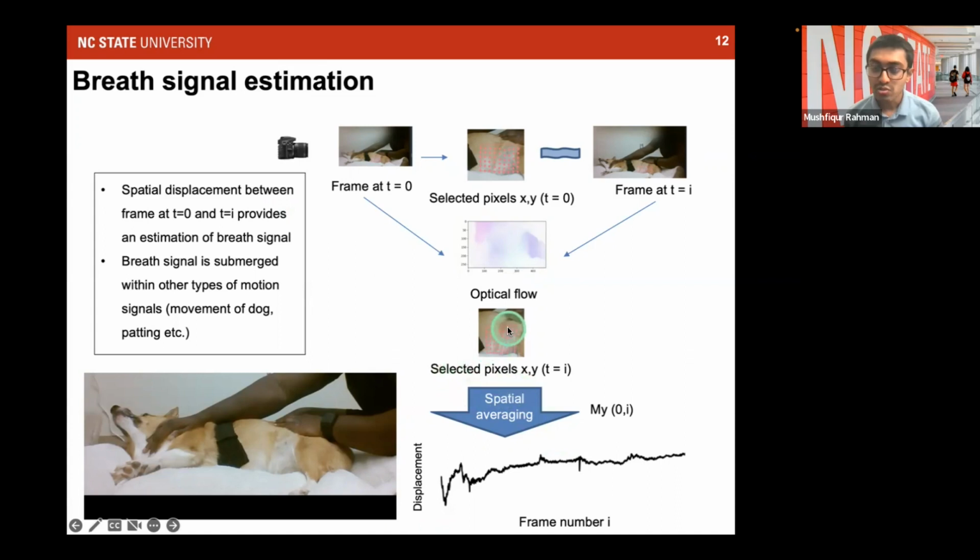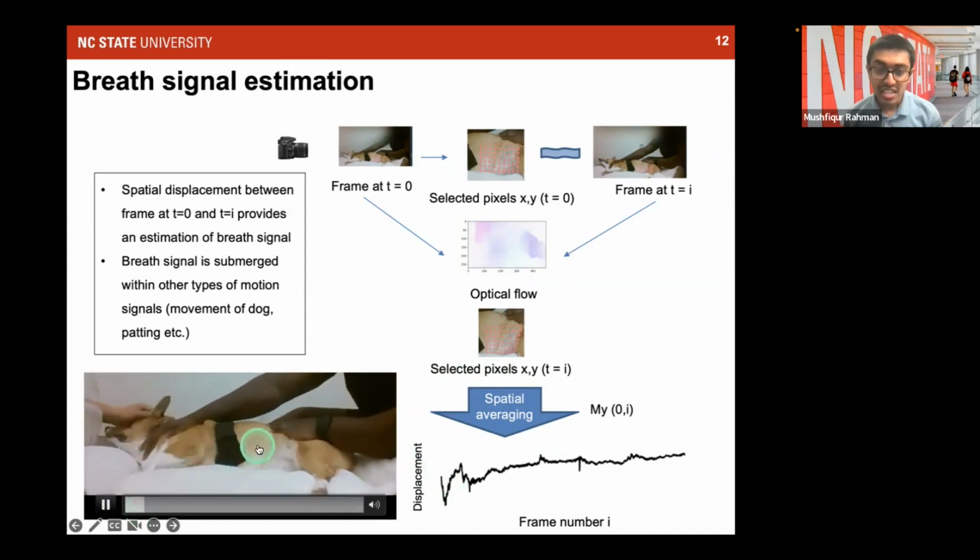After that, we need to get a signal that contains the signature of the dog's breathing. For example, if we see this video, we can see that in this region there is some kind of motion, and you can see that the dog's breathing has one kind of reflection on the visual motion in this region.